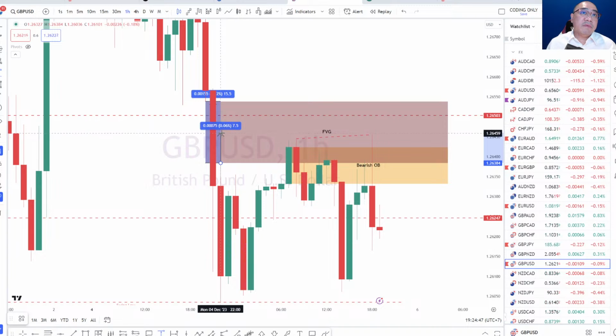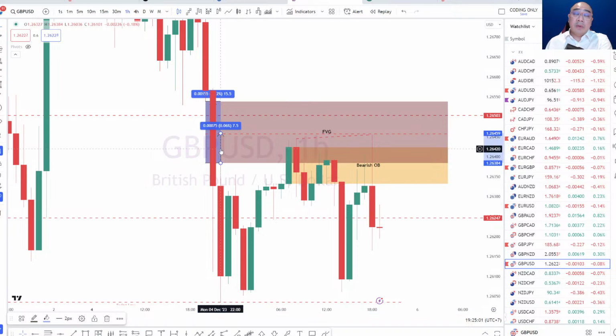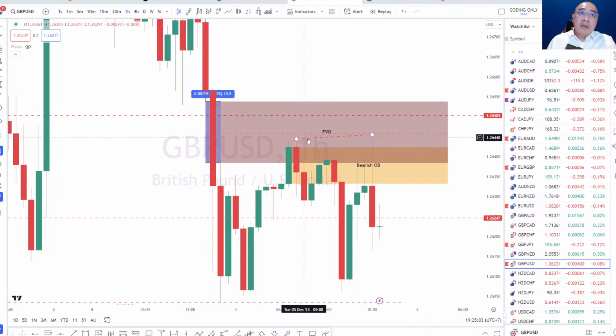Just to give it an average, I'll create a horizontal line on it. It's a little bit lower than 7.5, maybe about there. I'll try to be as accurate as I can, but the point is the middle level on a fair value gap is something that we call, let me write that down here.